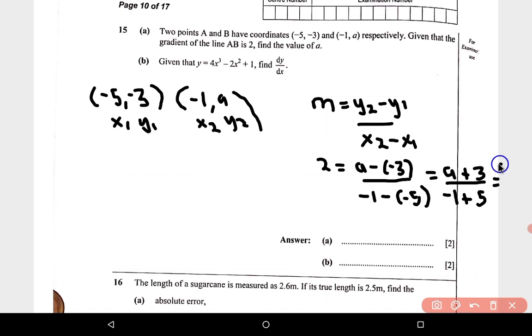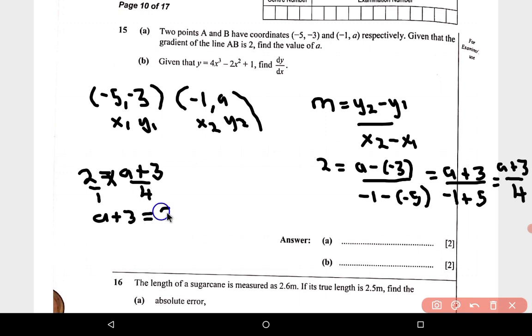On top it will be a + 3, and down here we simplify to 4. Different signs, subtract, get the sign of the bigger number. Remember the gradient is 2, so 2 is equal to a plus 3 over 4. We are solving for a, so we cross multiply: 2 times 4 is 8, and 1 times a plus 3 is a plus 3.